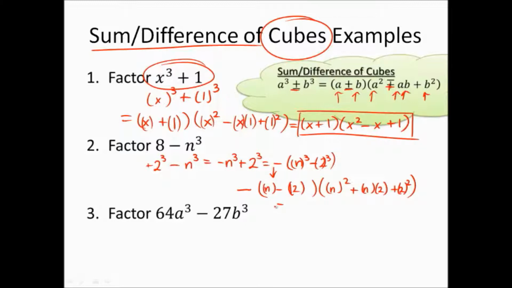So you're just inputting the formula that we've created in the past. And that's negative, n minus 2 times n squared plus 2n plus 4.